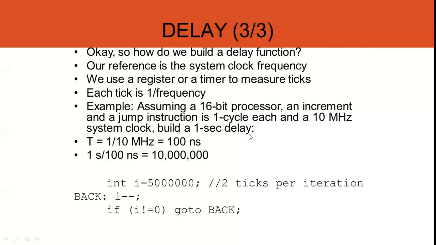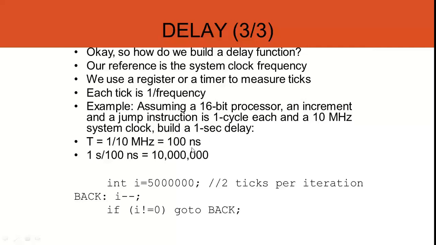So in order to accomplish a 1 second delay, we must calculate how many instructions need to be executed. For that, first we have to calculate the time period. T is equal to 1 divided by frequency. The frequency is 10 megahertz, so the time period is 100 nanoseconds.